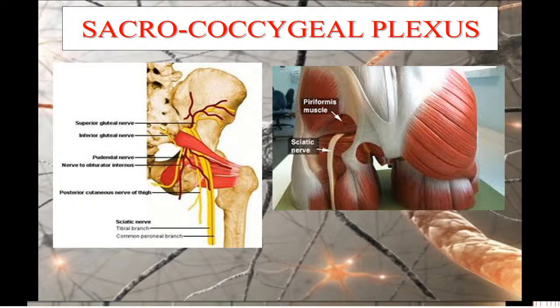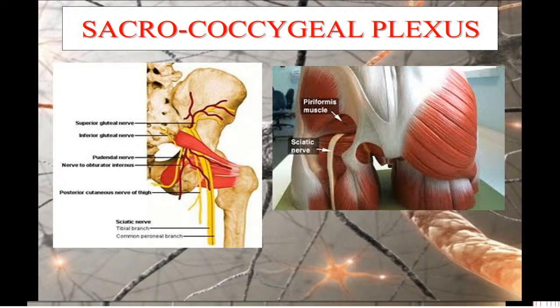So, if we summarize the region of supply for sciatic nerve, you can see it is muscles of the posterior compartment of the thigh, then muscles and skin in the region of the leg practically completely, just except the skin of anterior medial surface of the leg, which is supplied by the saphenous nerve.